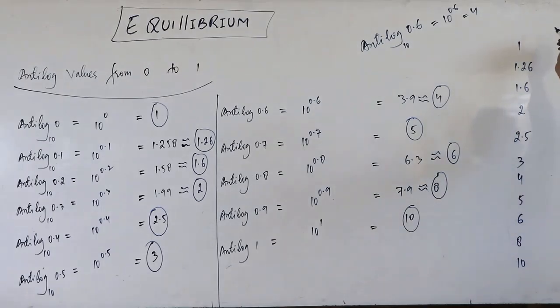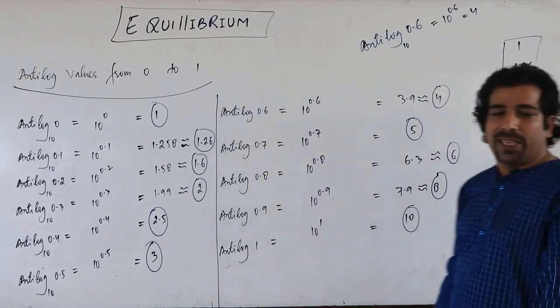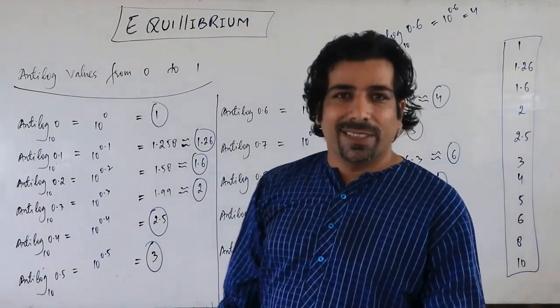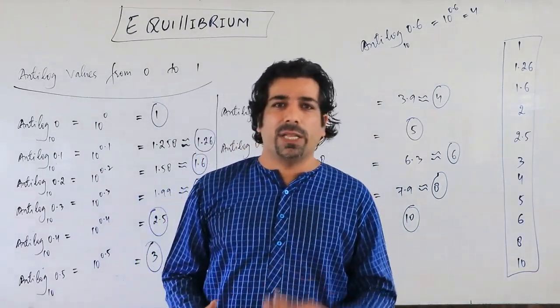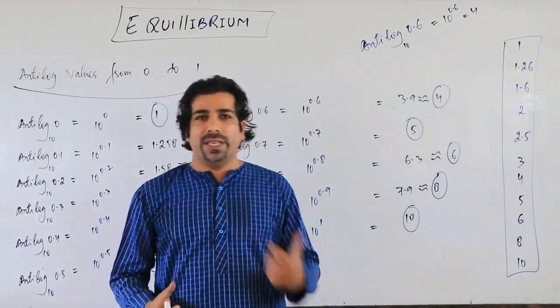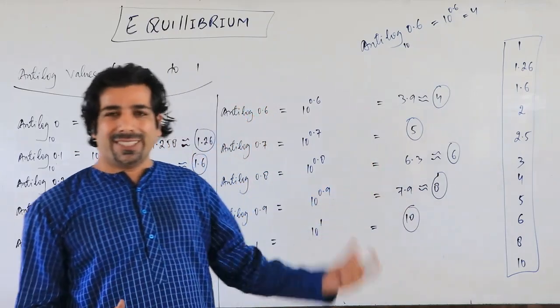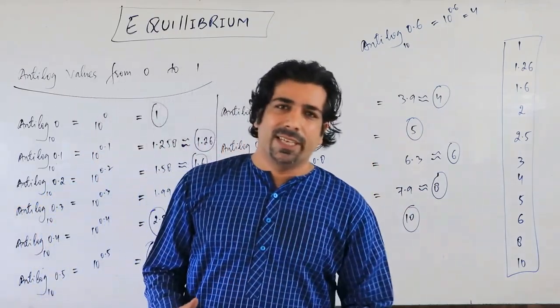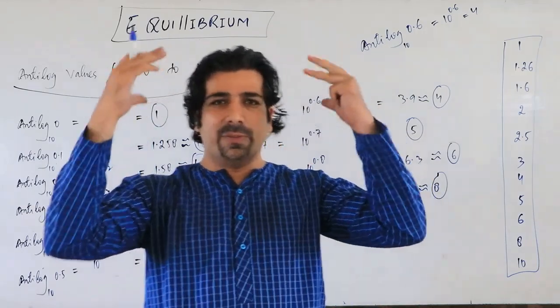Now practice it, my dear friends. Now you can practice these values. So it is 1, practice with me: 1, 1.26, 1.6, 2, 2.5, 3, 4, then after 4 you have 5, then 6, 8 and 10. If you practice it 2-3 times, obviously it will come into your mind.